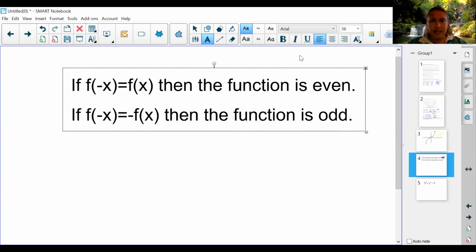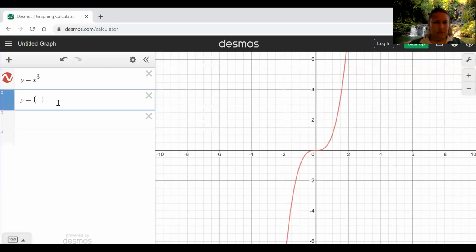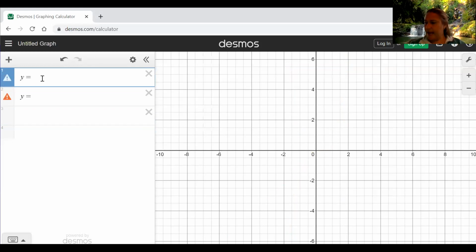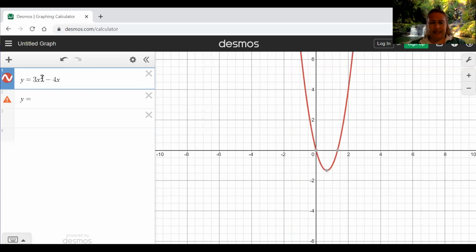Let me stop this share and let's go back to Desmos. From the handout, you're asked to determine if 3x squared minus 4x is even or odd.